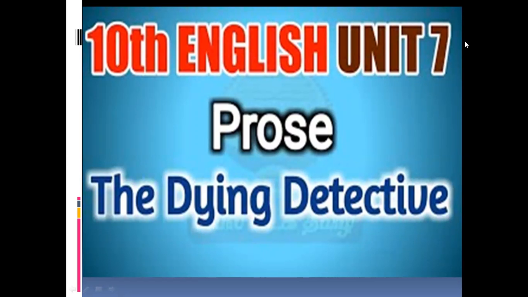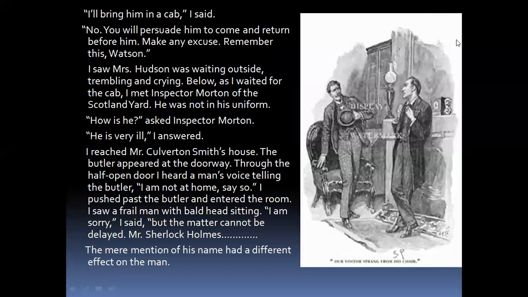So let us see what happens next. Here, Dr. Watson came to Culvert and Smith's house in a cab, and Dr. Watson is telling Sherlock Holmes that I will bring him in a cab.